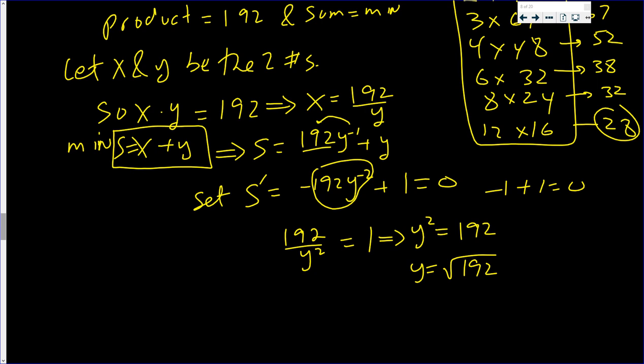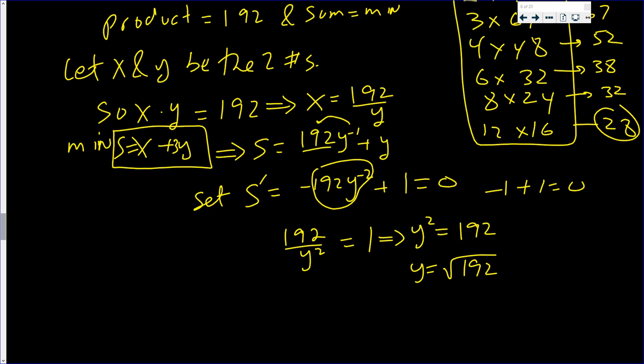Now, this makes me panic because y is supposed to be a perfect square. We're supposed to know the square root of that. Okay, the instruction was supposed to be minimize x plus 3 times the other number.